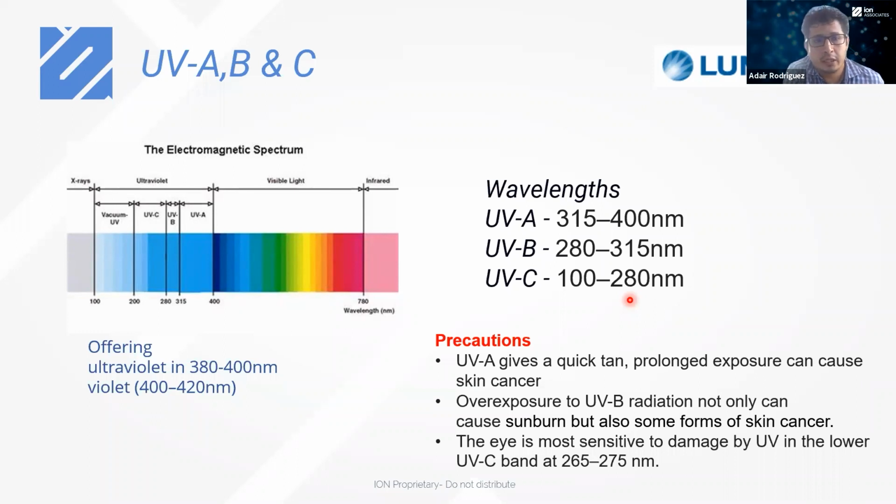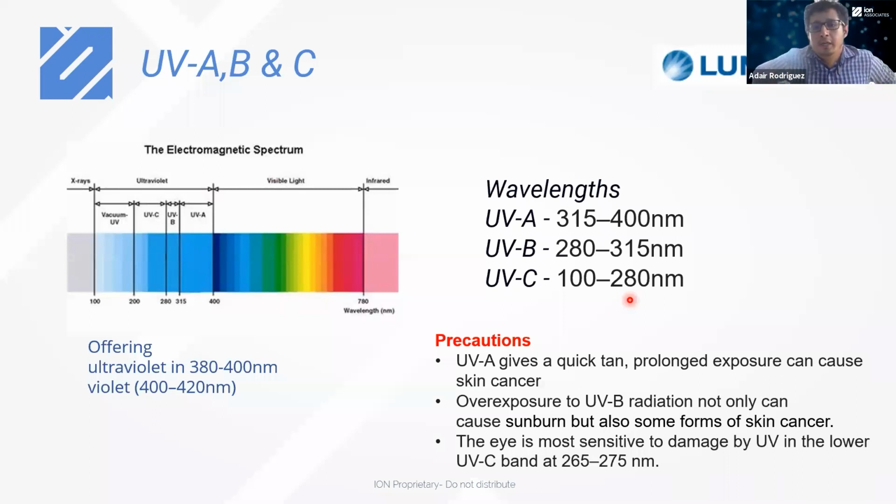Normally, we have seen in the market that UVC is the most common technology used for air purification, but some studies that we have identified also show that UVA or UVB can be used for air purification.